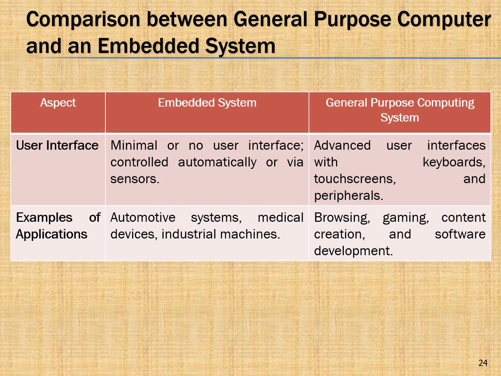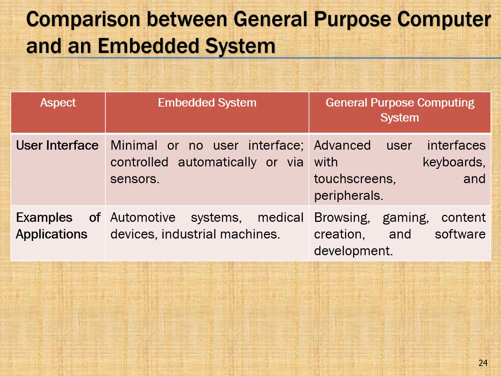In case of user interface, embedded system has minimal or no user interface, controlled automatically or via sensors, and general purpose computing systems have to keep provision for many types of user interfaces like keyboard, touch screen, HDMI port, then VGA port, so on and so forth.